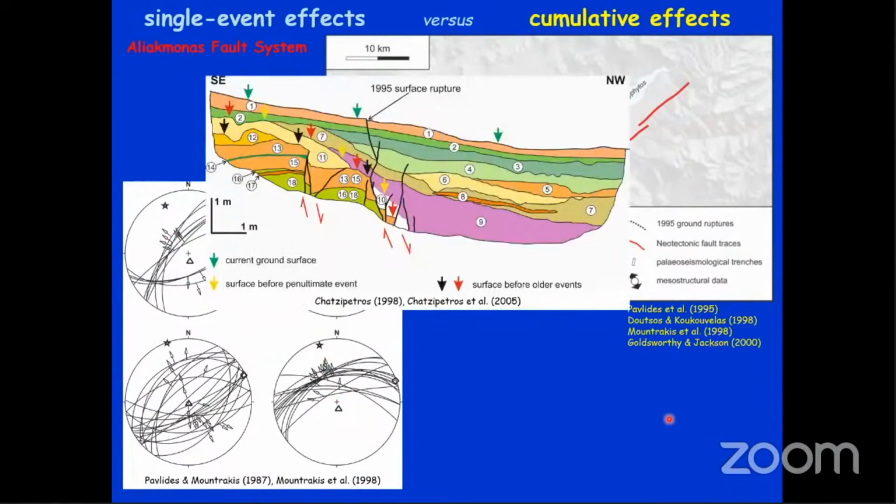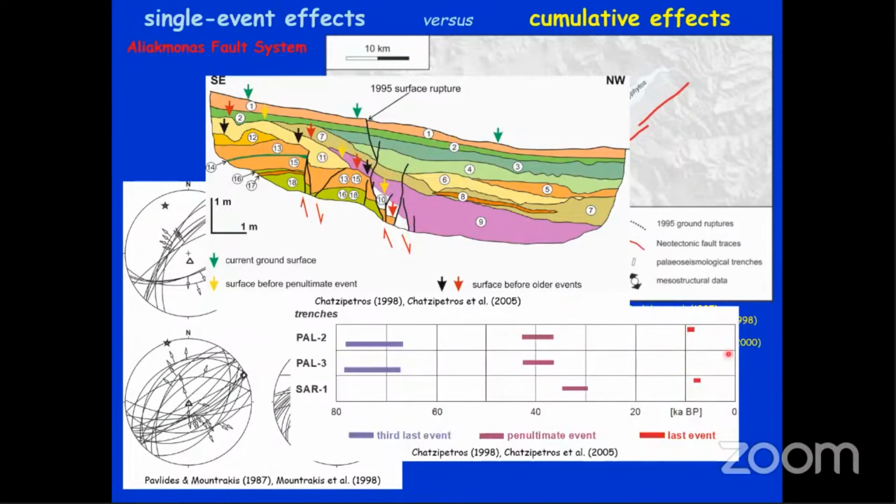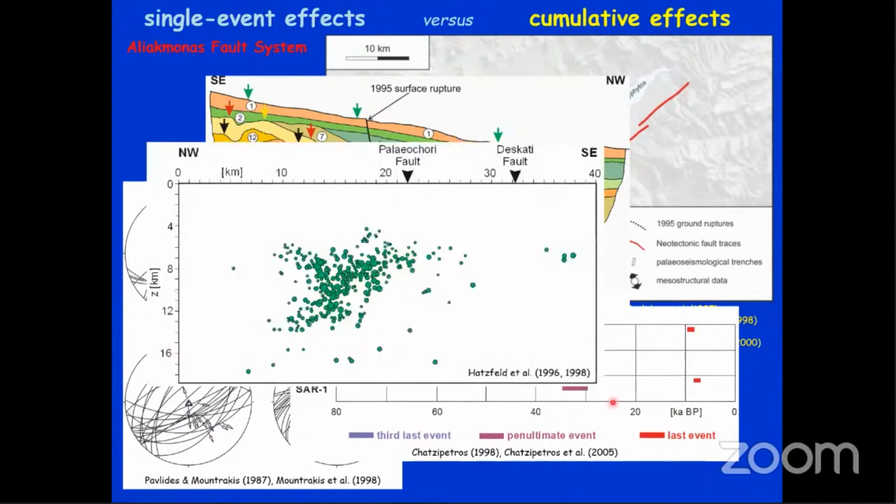Of course, we can carry out paleoseismological trenches, documenting the occurrence of the last, the penultimate, or the third last, and so on, past events. We get some information on the slip per event, and some constraint on the recurrence interval for this fault. But we can also use macroseismicity.